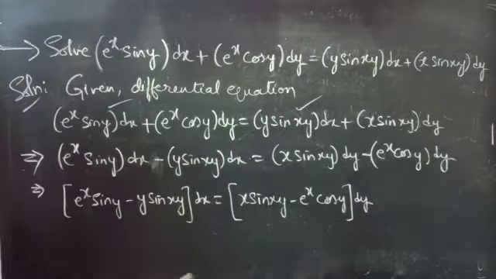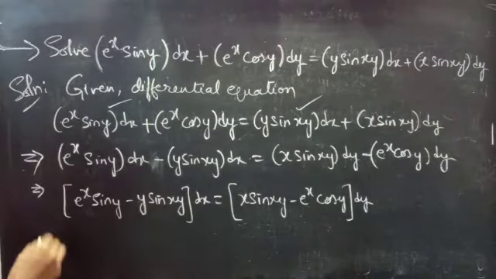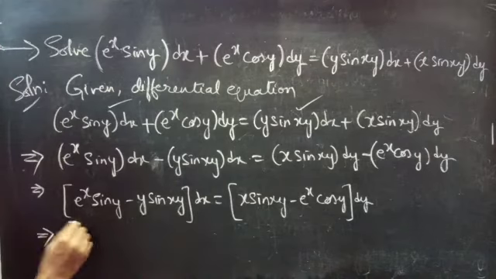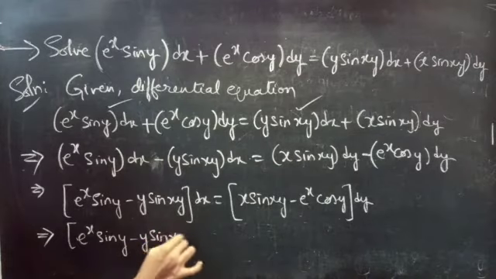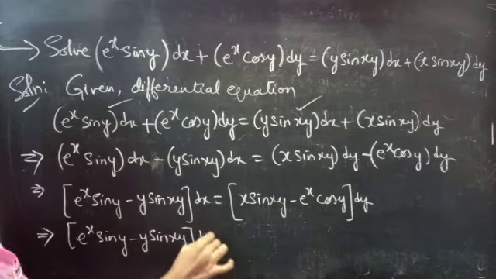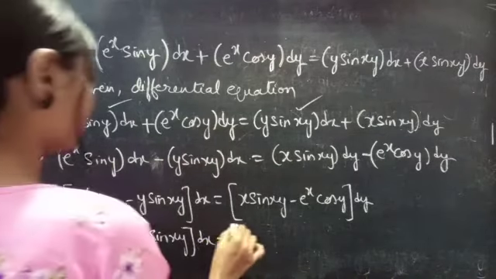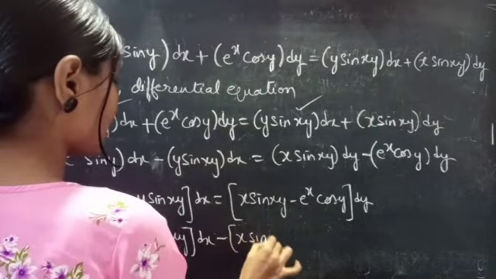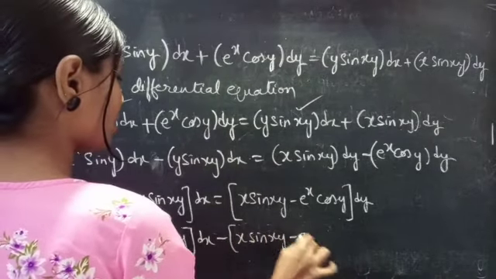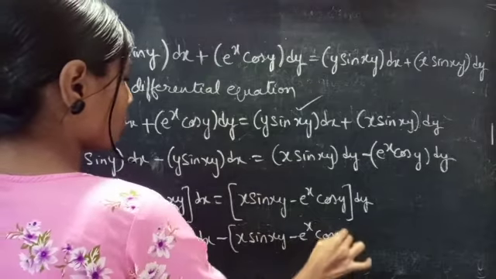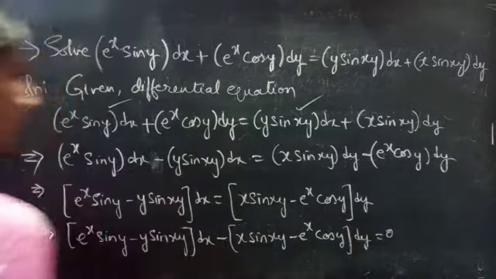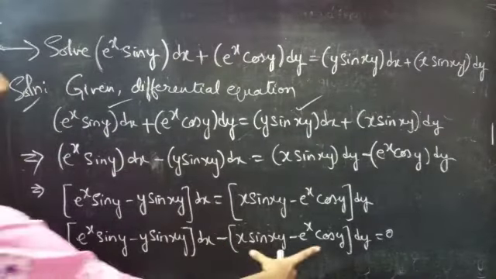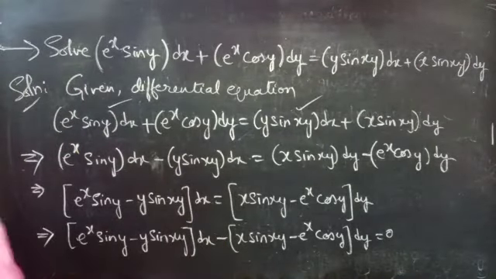Okay, now you can take this to the LHS. Then (e^x sin y − y sin(xy)) dx − (x sin(xy) − e^x cos y) dy = 0. In the next step, you can multiply these two terms with minus.